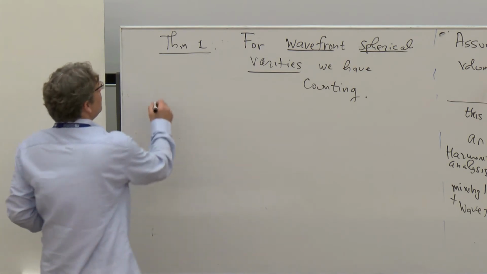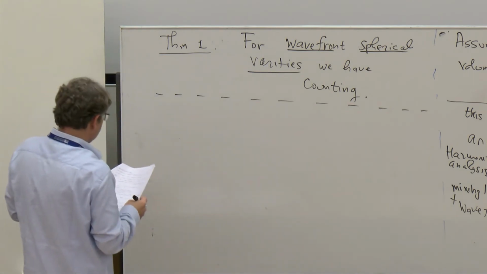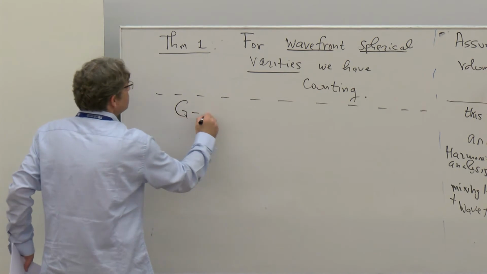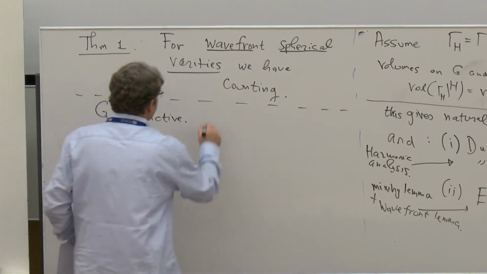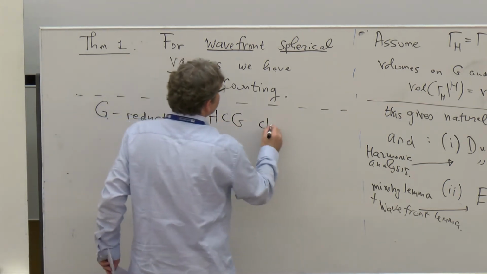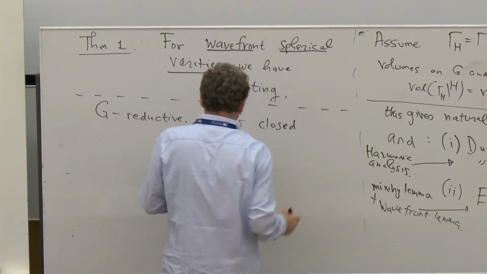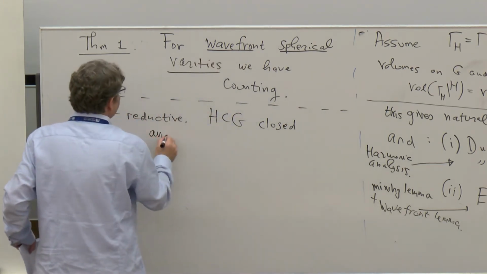Okay, let me say something about spherical varieties and wavefront spherical varieties, and then I will formulate the second theorem. So, suppose that G is reductive, and H in G, I will assume, is closed and reductive.